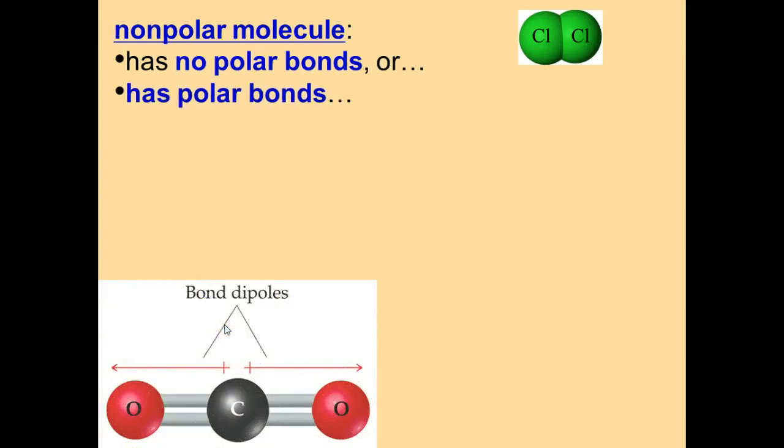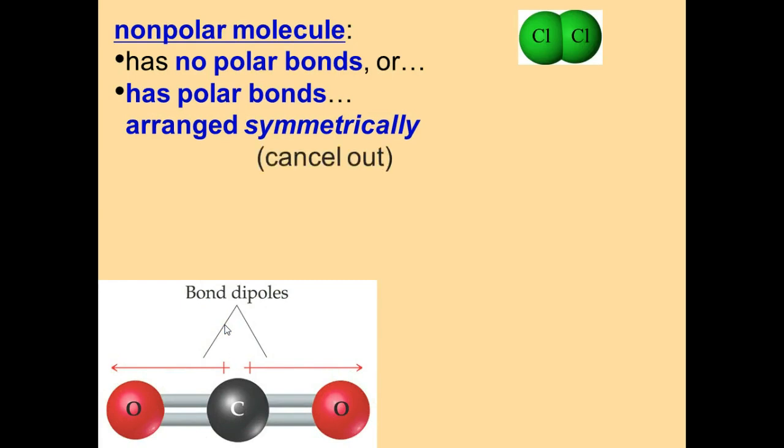And then we have nonpolar molecules, which have no polar bonds, or the polar bonds are arranged symmetrically so they do cancel out. A good example is CO2. You have carbon and oxygen, but oxygen is so much more electronegative that the oxygens are pulling much harder on the electrons than carbon is.